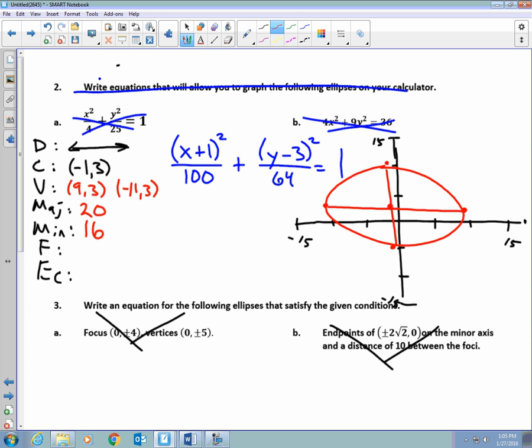How do I find the foci? Yep. A squared, 100, minus B squared, 64 is equal to 36. So what is your C value? 6. So I'll move 6 units horizontally or 6 units vertically. Horizontally, because it sits along the major axis. If I move 6 units to the right of negative 1, where will that bring me? 5.